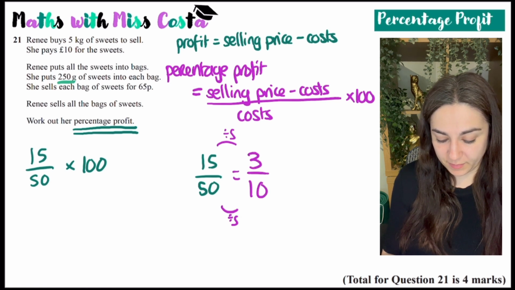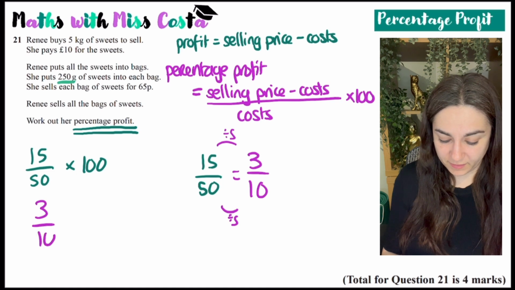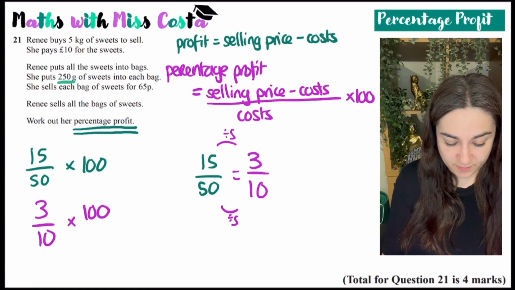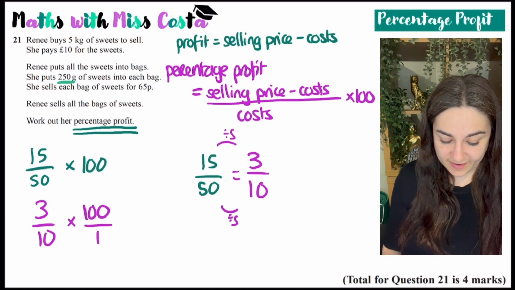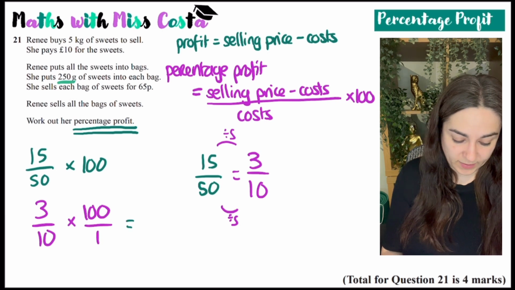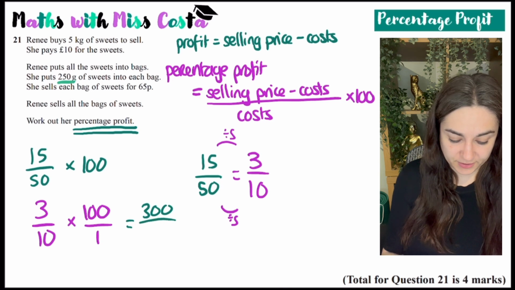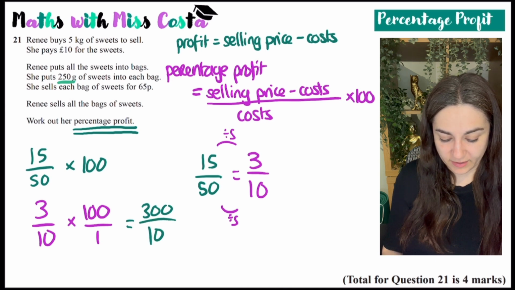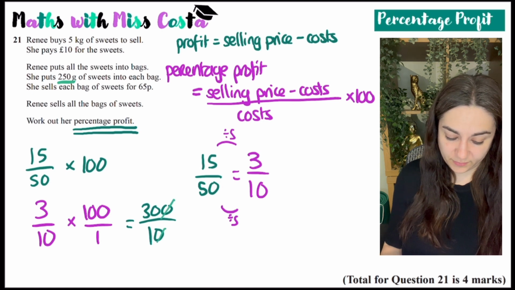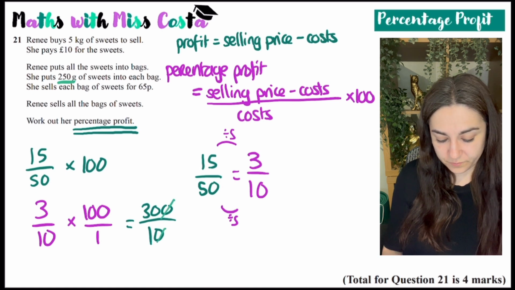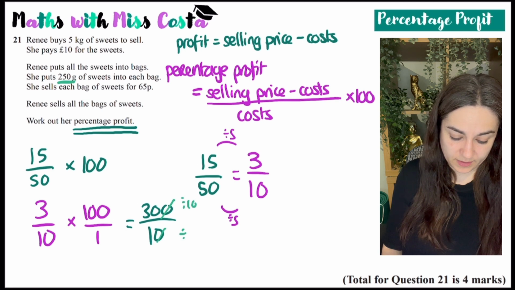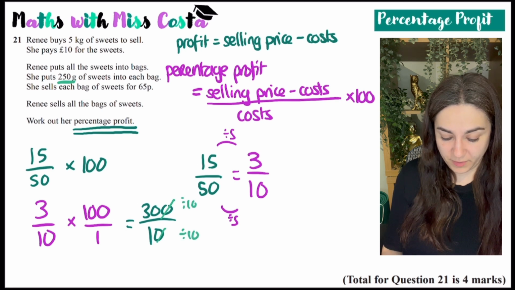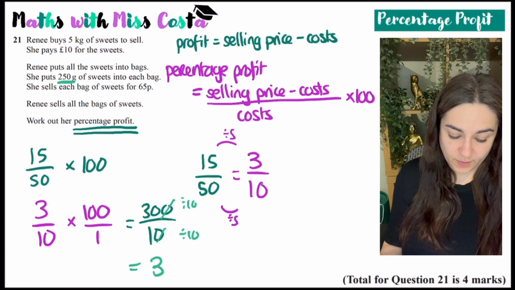So 15 divided by 5 is 3. 50 divided by 5 is 10. So that becomes 3/10 times by 100. And 3/10 times by 100, we'd just turn that into a fraction. 3 times 100 is 300. And 10 times 1 is 10. So you'd be left with 300 divided by 10. To divide both numerator and denominator by 10, we just chop off the 0.